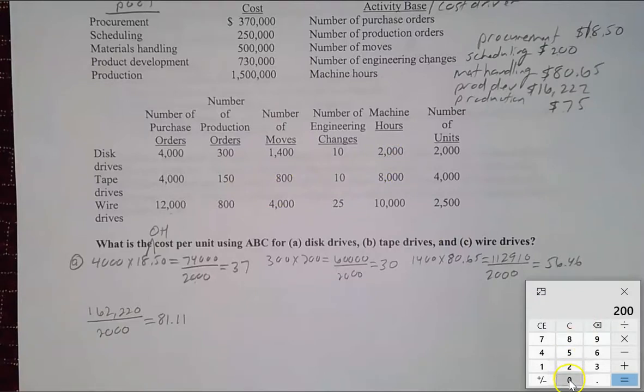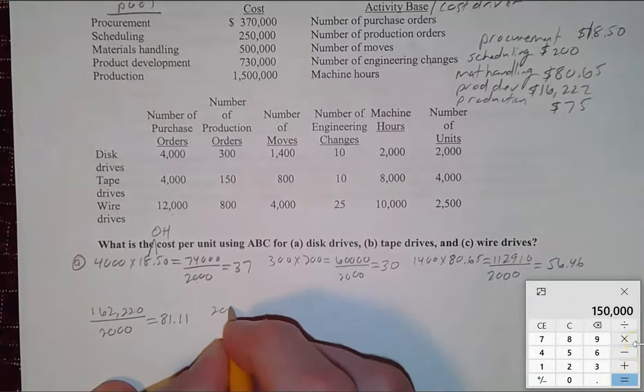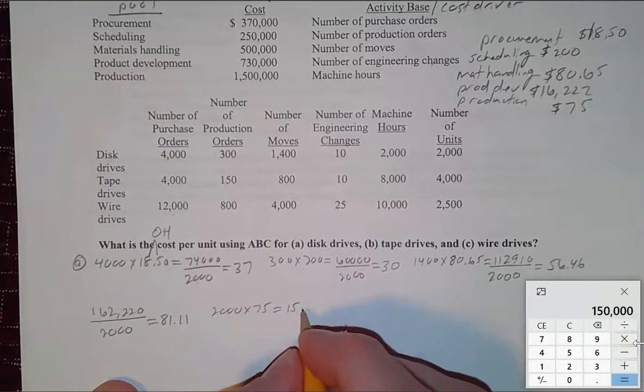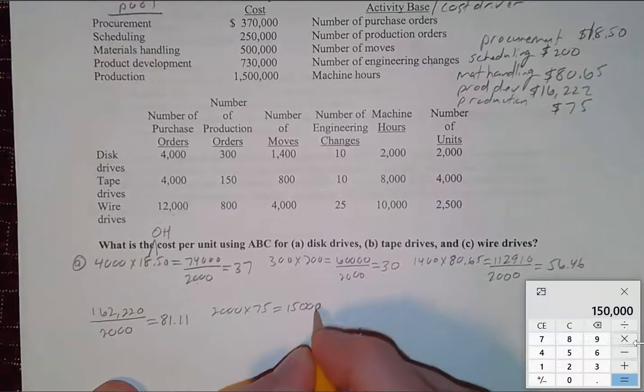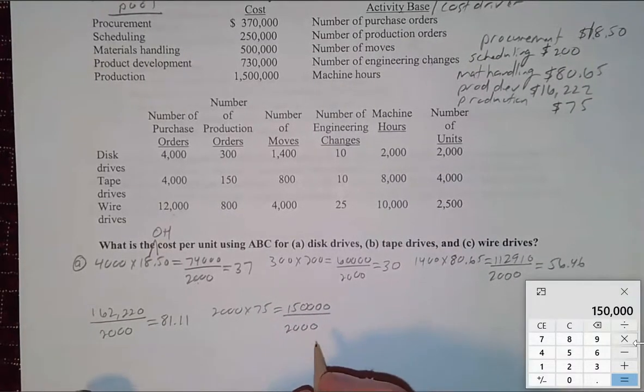So 2,000 hours times a rate of $75 gives us $150,000. Divided by the same 2,000. 75.